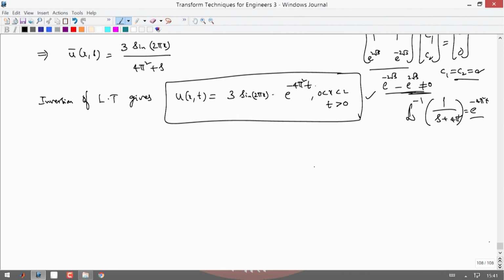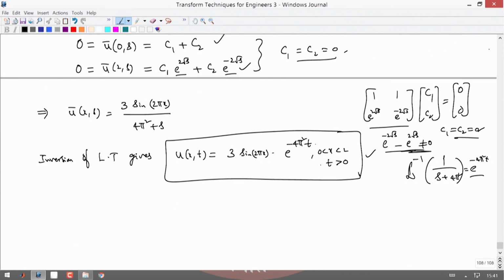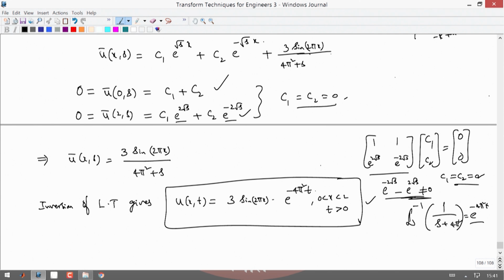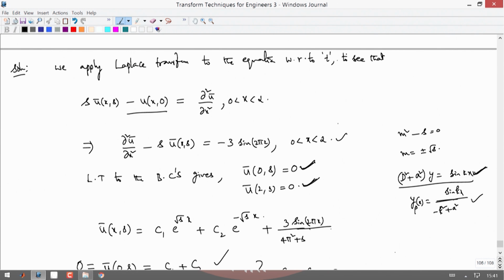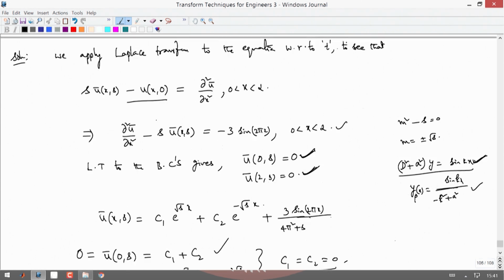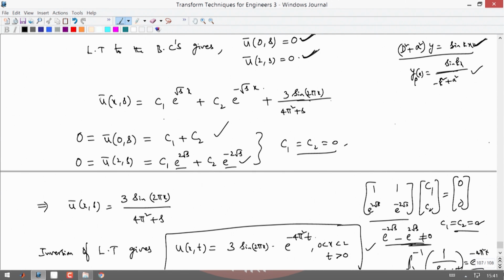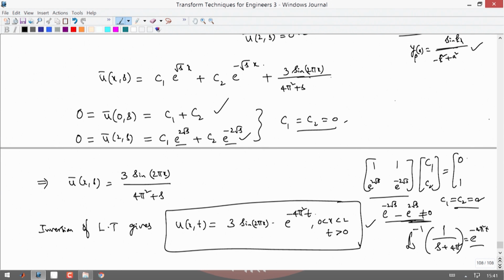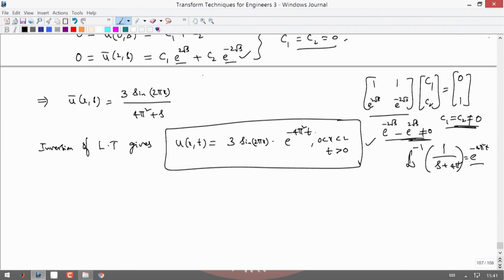Suppose you have non-zero boundary conditions, let us say 0 and 1. Then you will see that C1 will not be 0. Once you have 0 and 1, you need to find the Laplace inversion of e power root s.